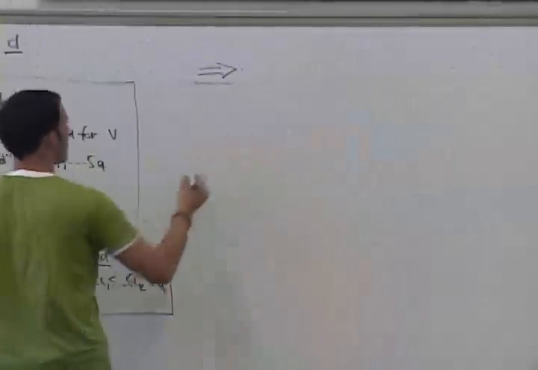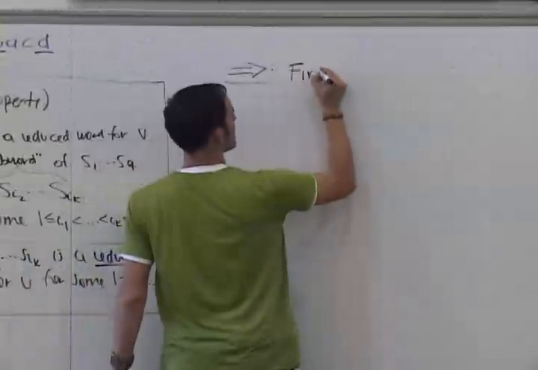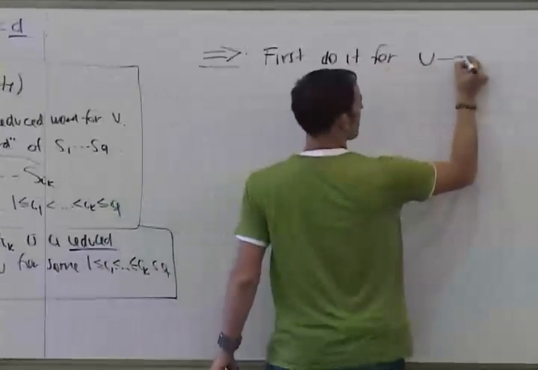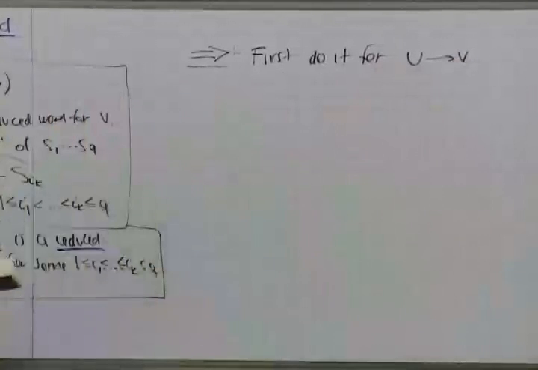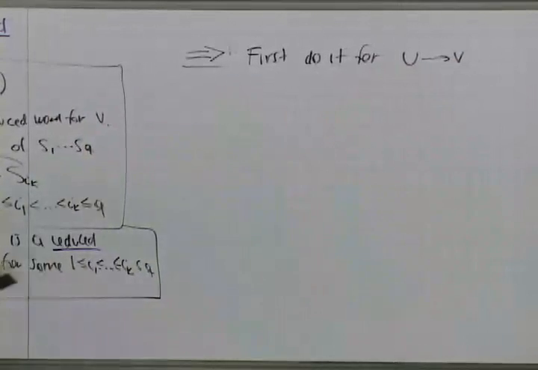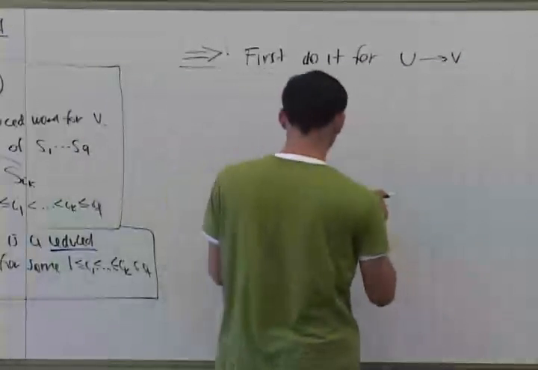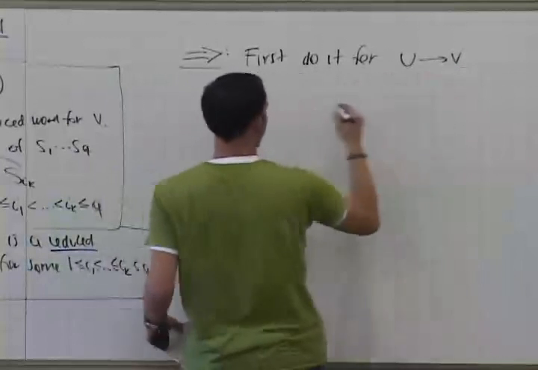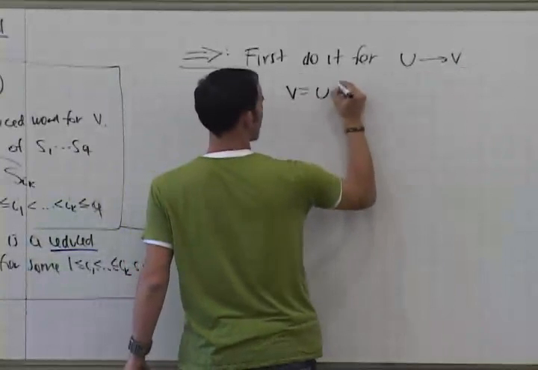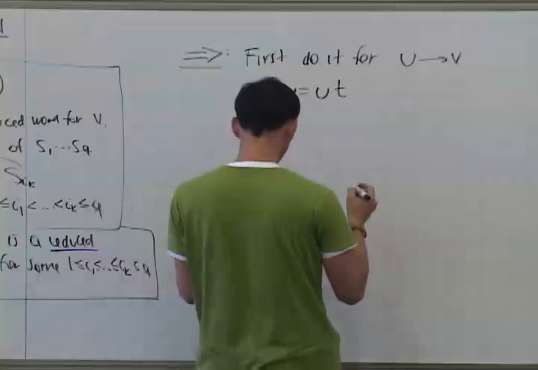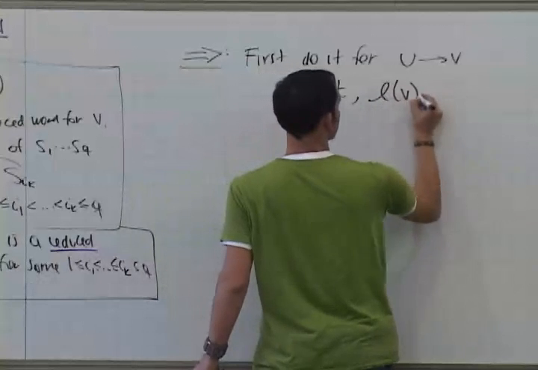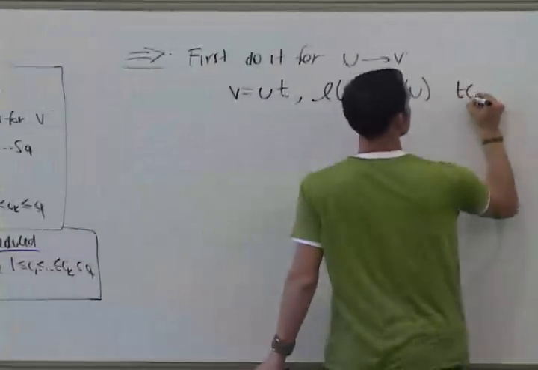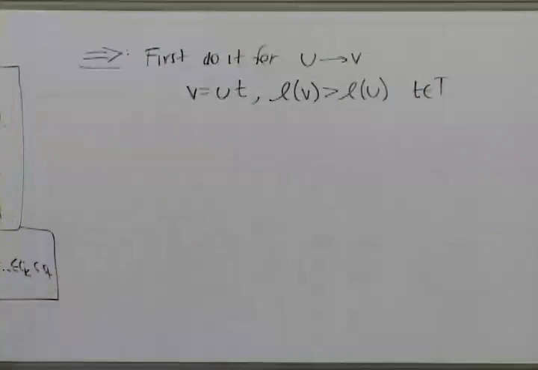So first I'm going to prove it for when I have an arrow from U to V. So first I'm going to prove if there's an arrow from U to V, then U is a subword of V. So what does this mean? I have an arrow, that means that V is equal to U times t, where the length of V is bigger than the length of U, for some t, a reflection. Okay?